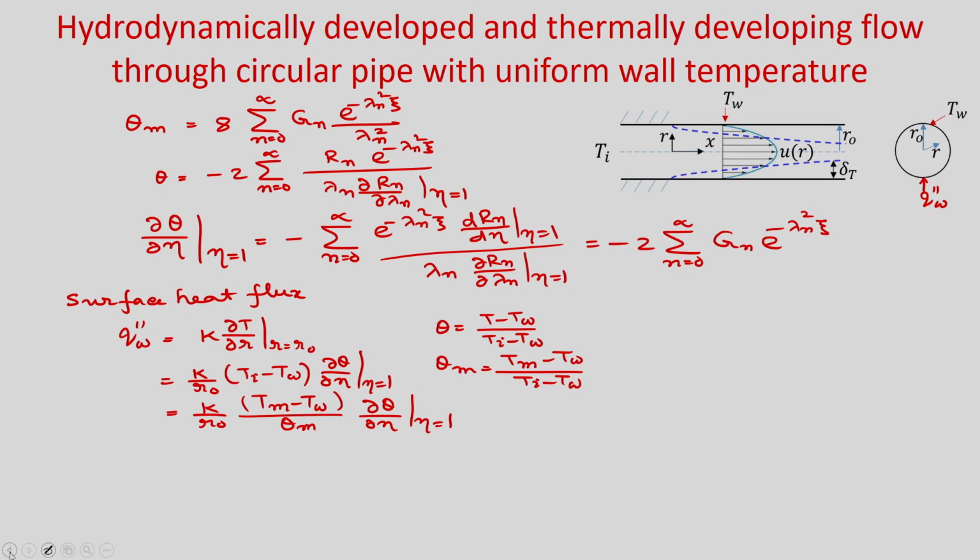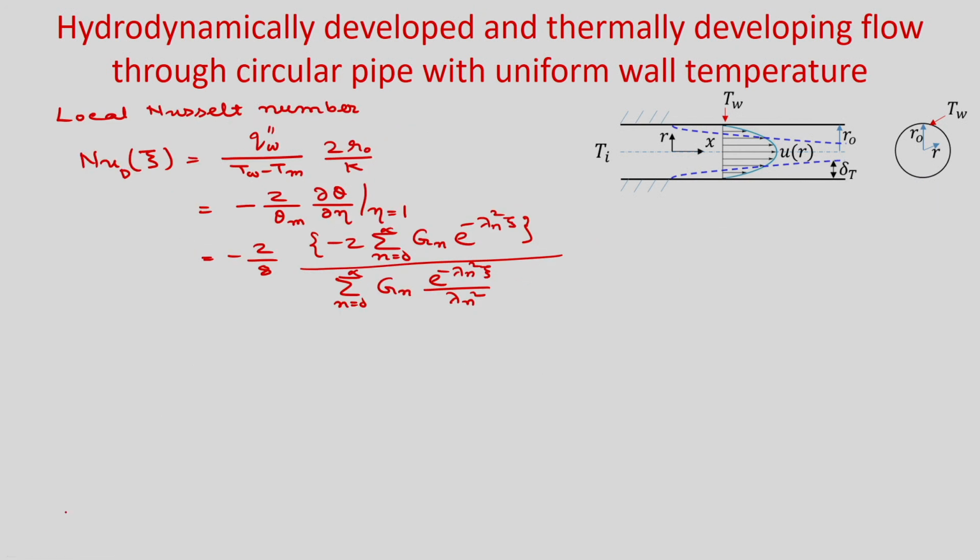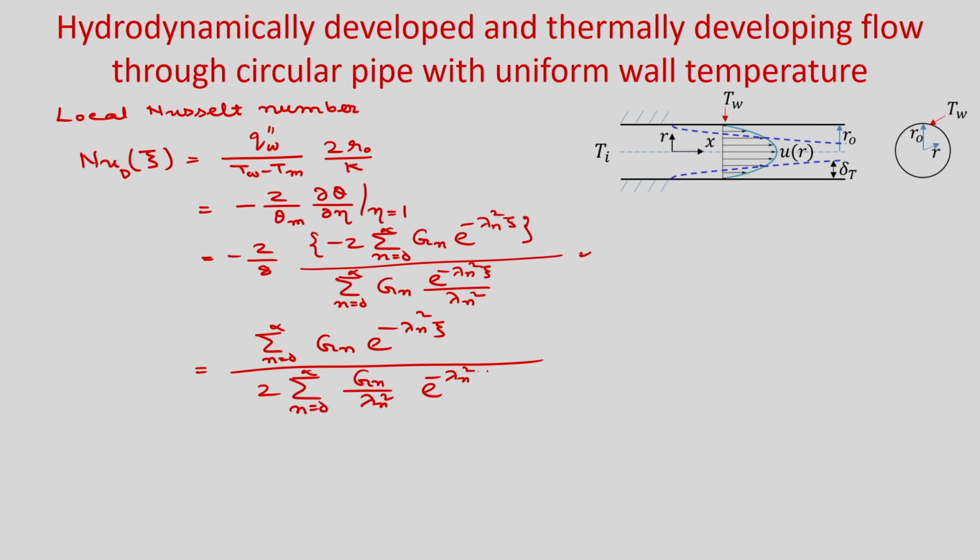So, if you put the theta m expression and del theta by del eta, then you will get this expression. Finally, you will get this as sum n is equal to 0 to infinity g n e to the power minus lambda n square xi divided by 2 sum n is equal to 0 to infinity g n by lambda n square e to the power minus lambda n square xi.